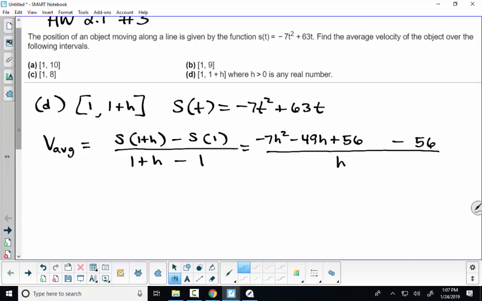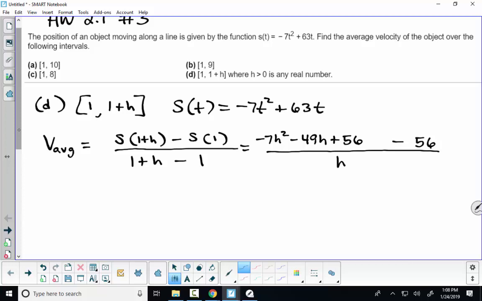The limit as, just looking at what we're doing here, essentially the limit as t approaches 1, right?